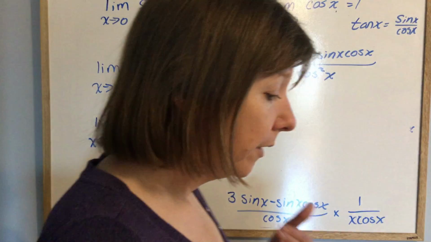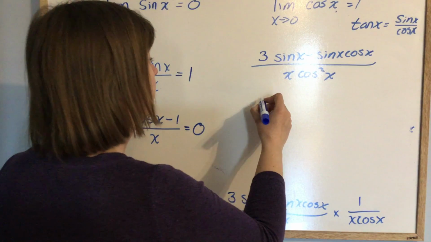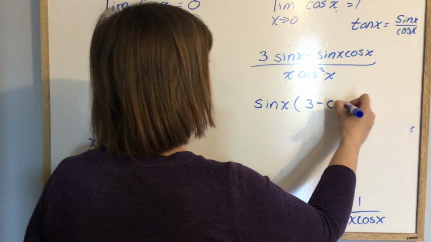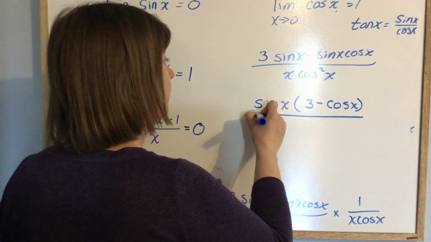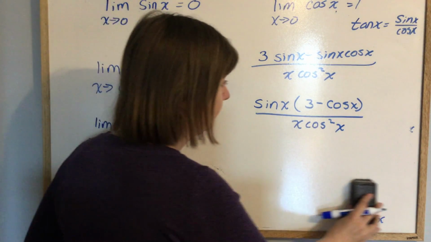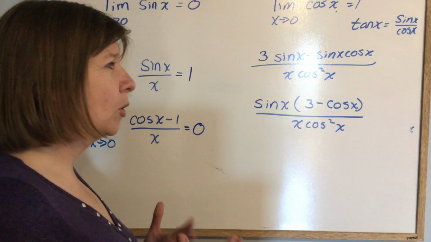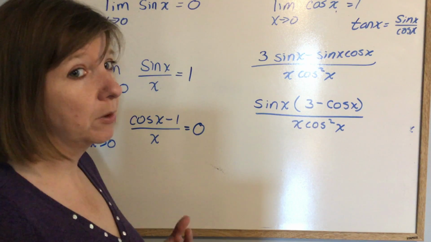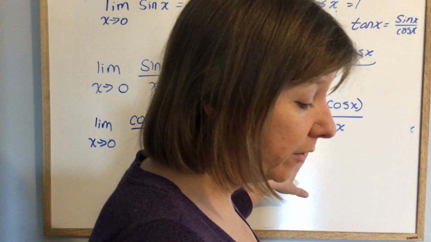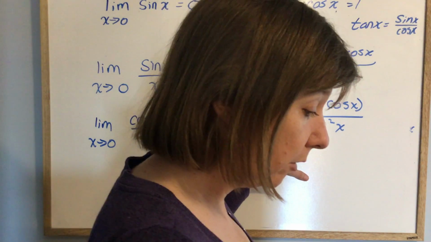Now I could take out a sine x on the top as a common factor, and I would have sine x times 3 minus cos x all over x cos squared x. They've done this, but in a more roundabout way. They don't explain themselves as well, but they're with me now, 3 or 4 steps down. They have this the same as I do.